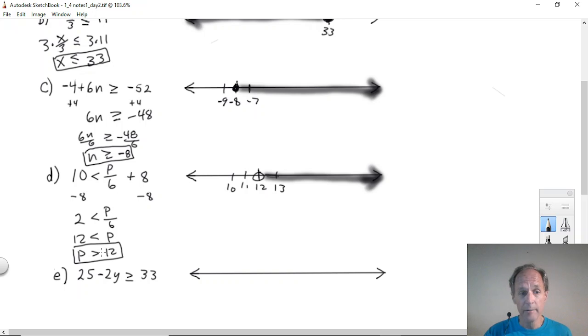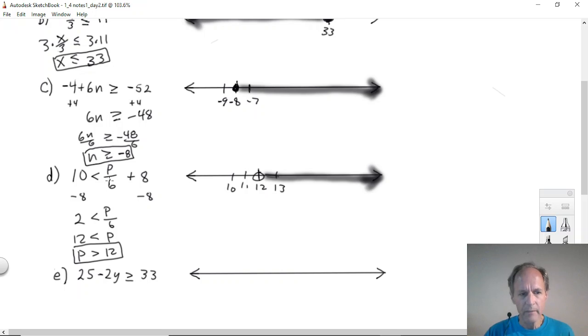But it shows us, well, it is right there on the edge, right? All the p's that are larger than 12 should work. So if we put in 13, we'd have 13 over 6. That's larger than 2. We don't know exactly what it is. It's a little bit bigger than 2, plus 8 is a little bit bigger than 10, and 10 is less than that.